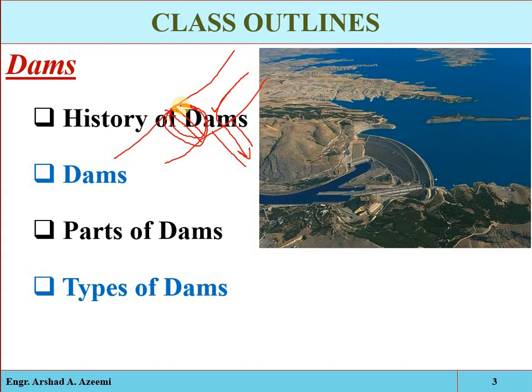So based on the material, we will have different types of structure, with different capacity, different conditions and different hydraulic parameters. Also, based on shape, design and use, again we will have different types of dam structures. So in this lecture, first a brief history, then the uses of dams, then the parts, and then the types of dam structure.